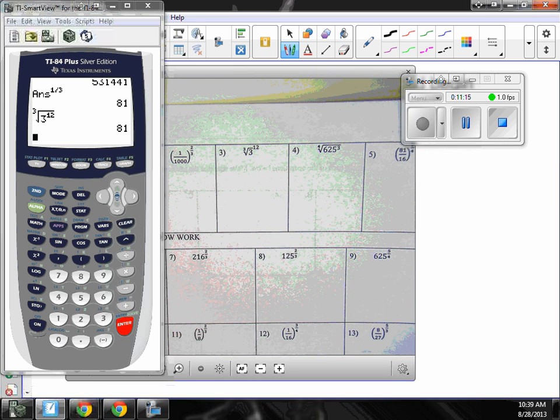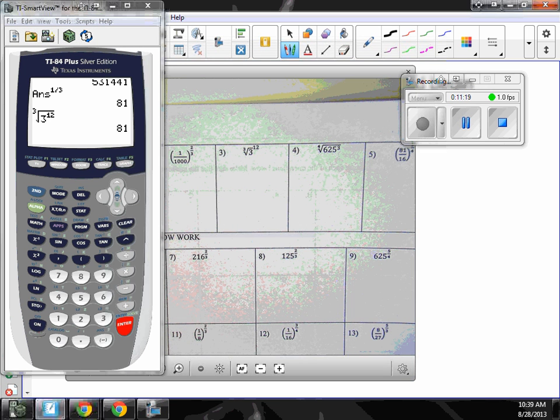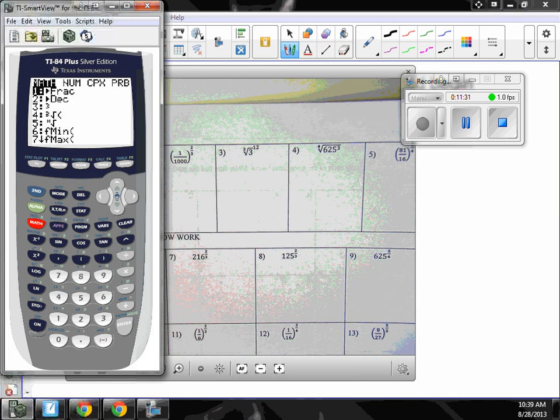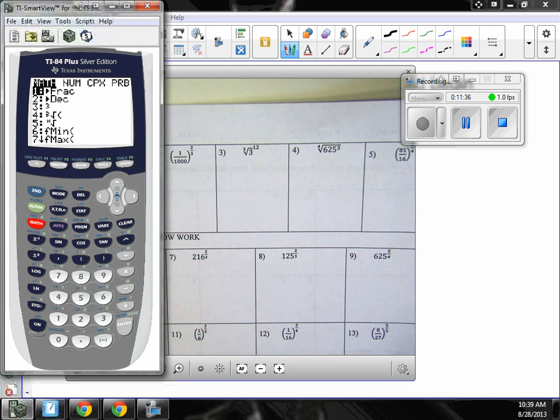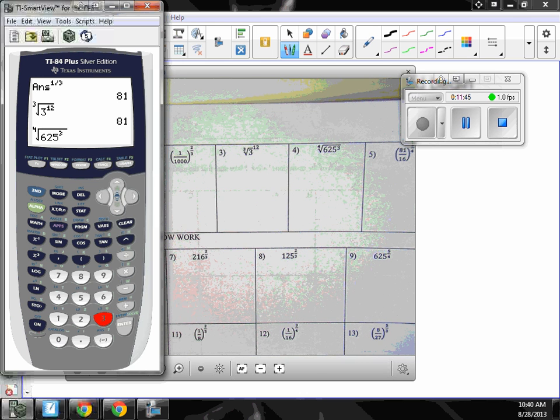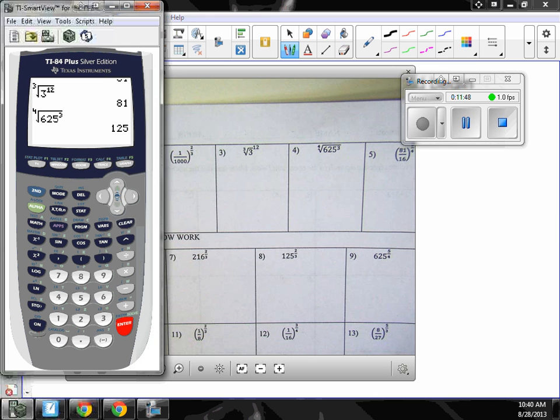So for number 4, can I do a 4th root on my calculator? And let me see your calculator, because yours is going to be different from mine. So if I want to do 4th root, I push 4, math, and number 5 says x root, which allows me to use any number I want. So if I push 5, I have the 4th root of 625 raised to the 3rd, and that's 125.